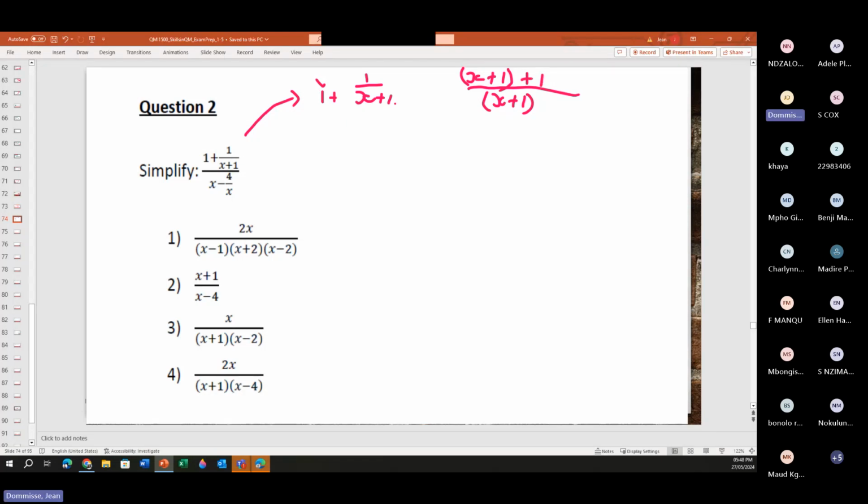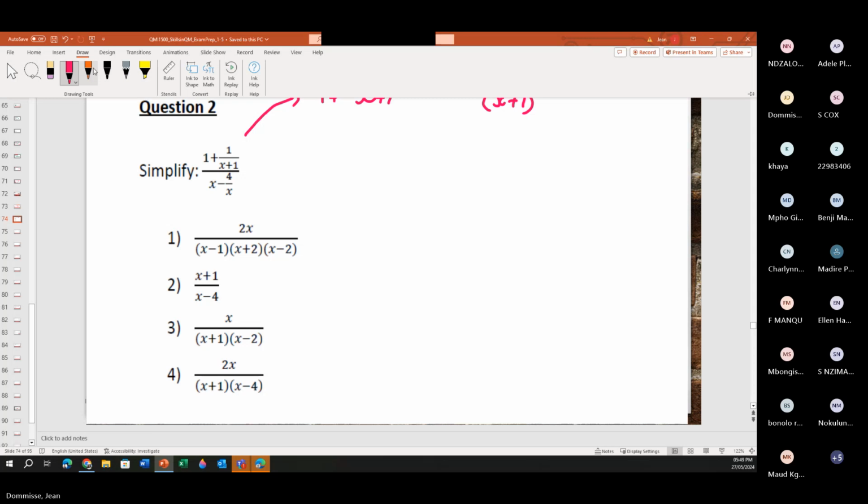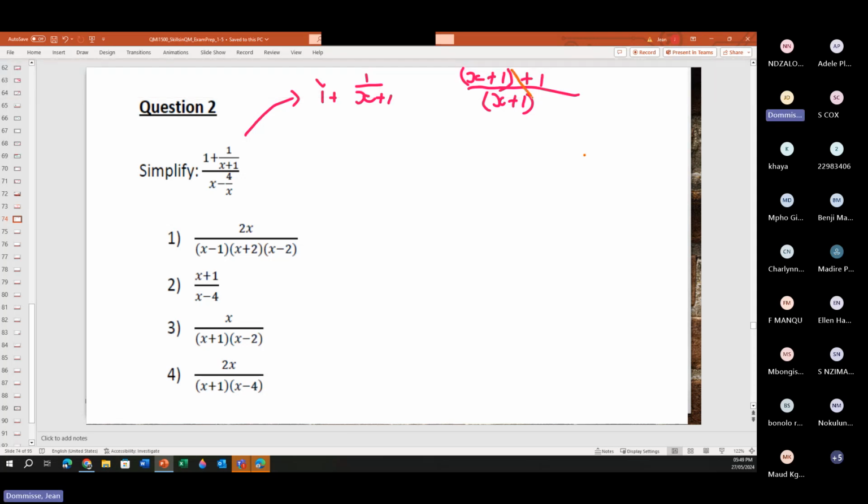So the top one, a bit easier to say, okay, let's try to simplify. We'll simplify it further, but this is the first one that we try to simplify. So if we put x plus 1 at the bottom of that, we know that x plus 1 divided by x plus 1 gives us 1.